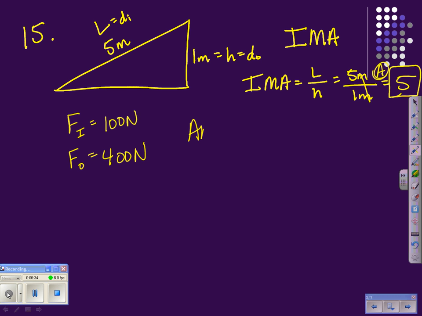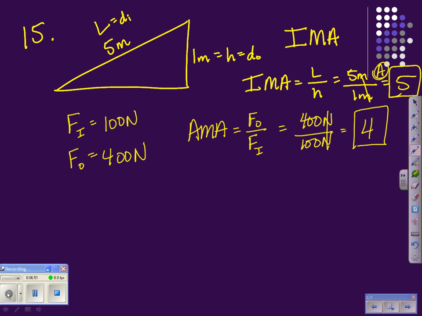So AMA's formula is what we're trying to use, which is Fo over Fi. So we're just going to say 400 newtons divided by 100 newtons, which is 4, because the newtons cancel out. So that's our answer for B.